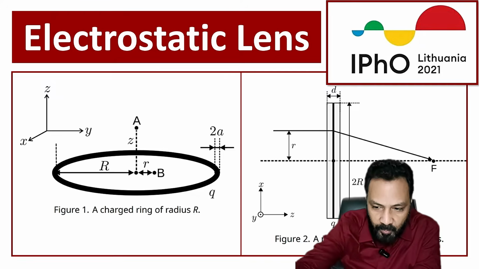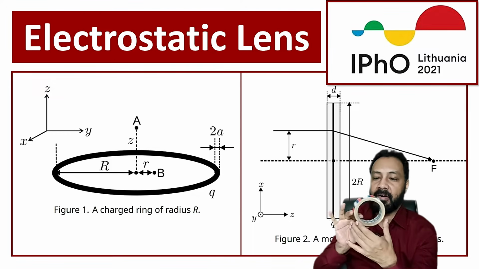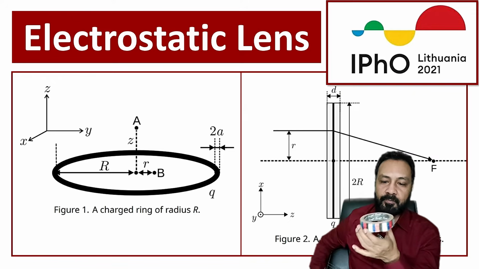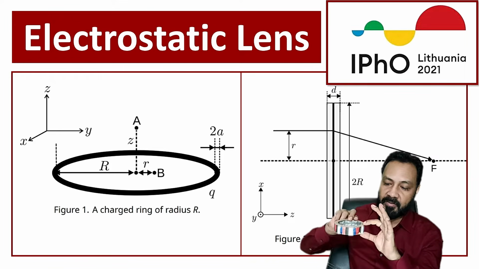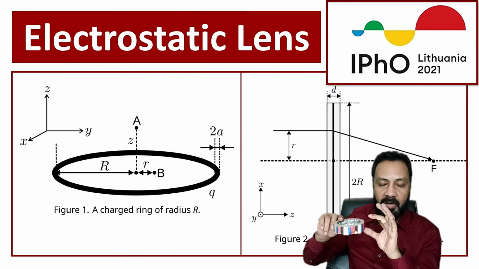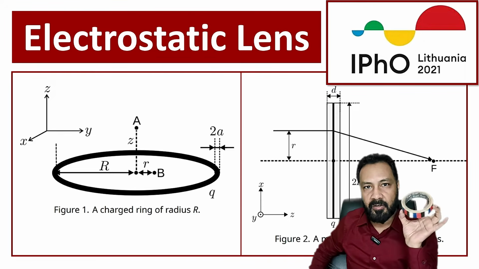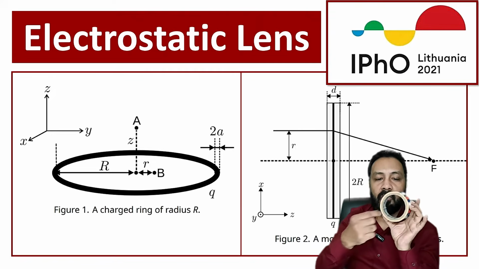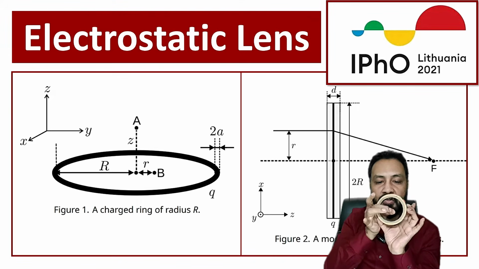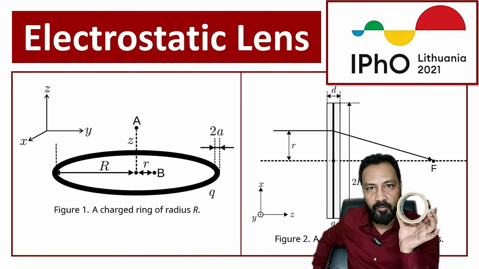Let me explain the whole setup. Suppose this is a charged ring, the thickness is a, the radius is R, and a is very small. We have studied the electric field on the axis, and for very small z we have calculated it.